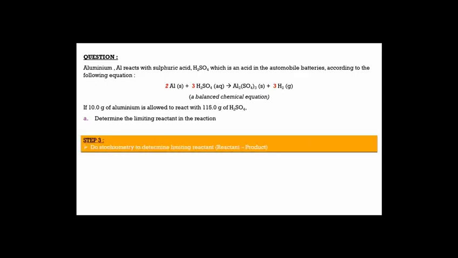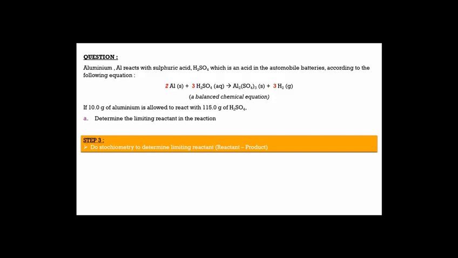From the calculated moles of the reactants, we can perform a stoichiometry relationship to determine the limiting reactant. There are two ways you can do your stoichiometry relationship: either you compare between reactant and reactant, or you compare reactant with the product.